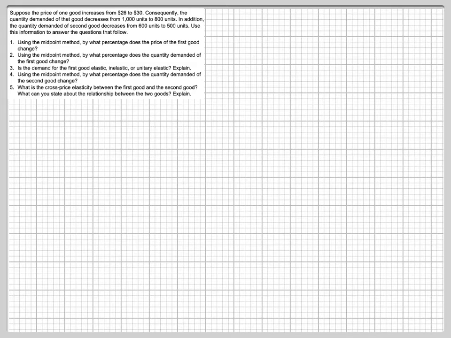So, we're looking for the percentage change in the price. So that equals P2 minus P1 over the average, P2 plus P1 divided by 2. So here we're going to let P2 be the second price.